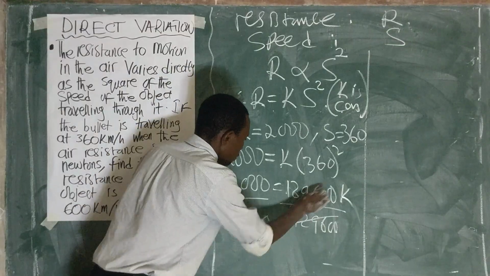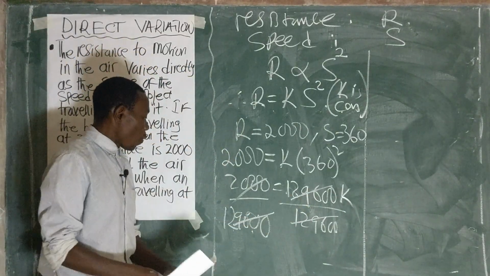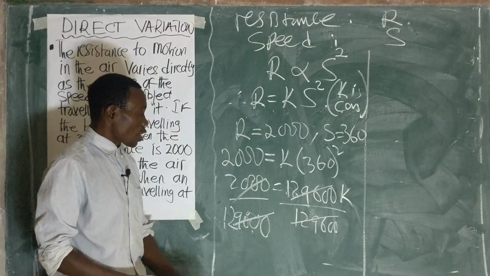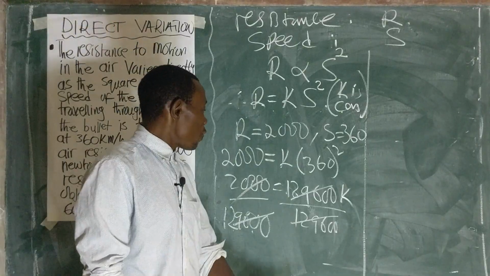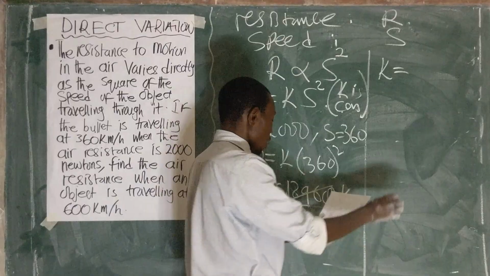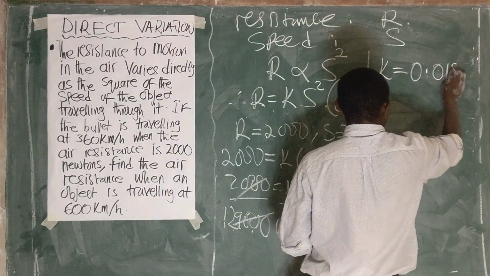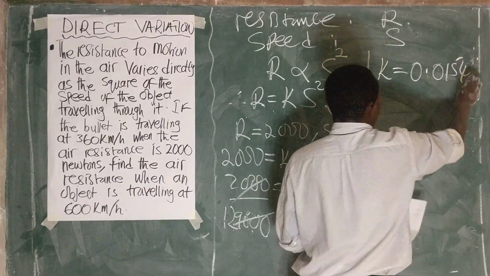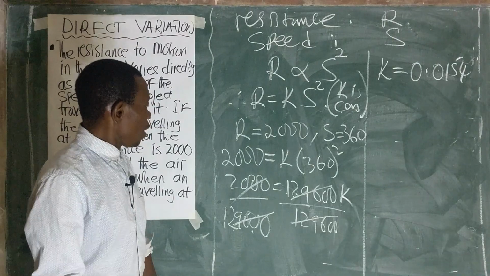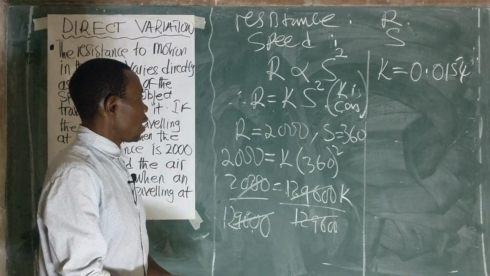At the end, I find K is equal to 0.0154. You can cross-check this with a calculator, because a bigger value getting into a smaller value gives a decimal number like that.